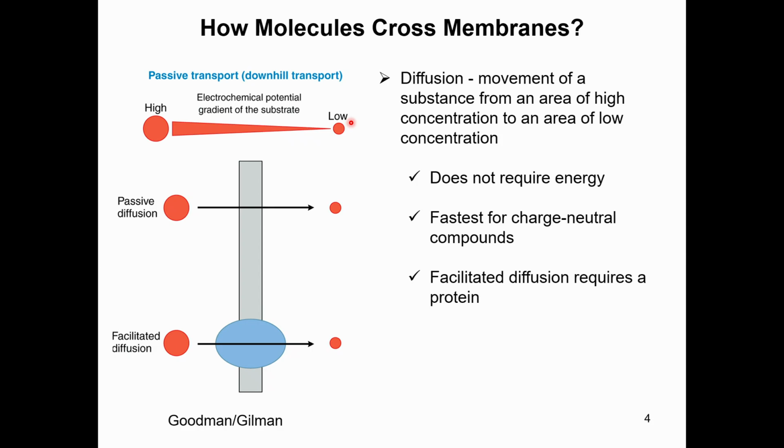Now that can happen just purely on concentration difference, but if it happens to be a charged molecule, there's even more of a driving force. And of course we saw that on Monday when we were talking about electrochemical gradients that are really important in neurons, for instance.